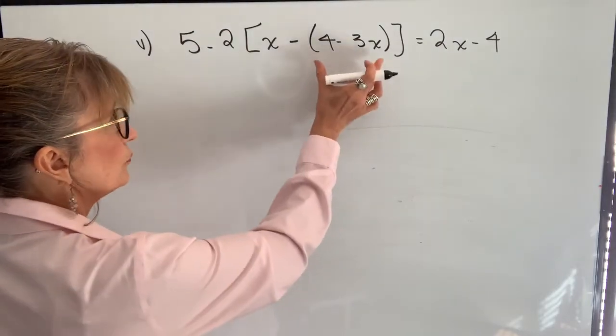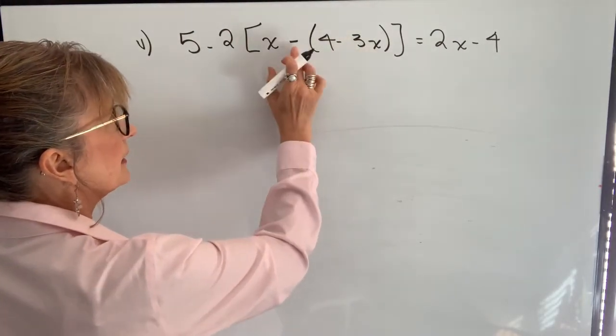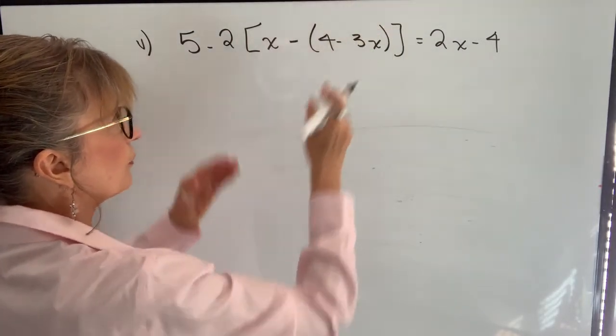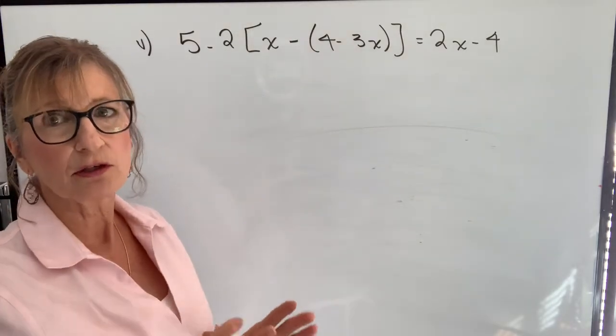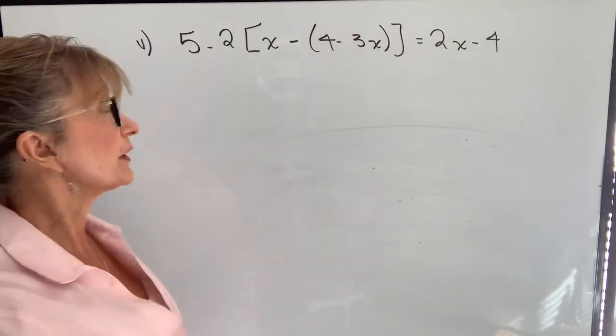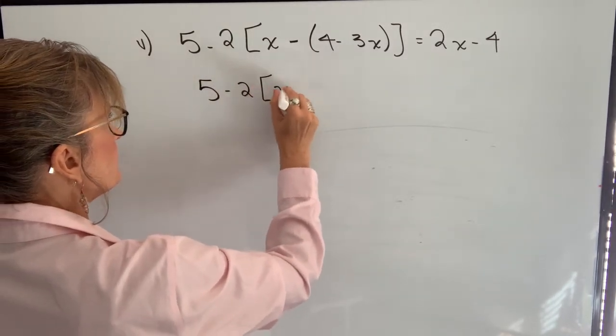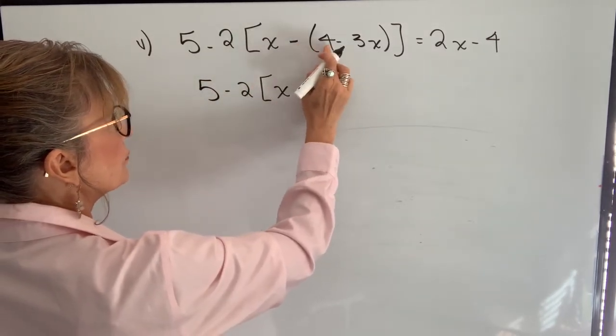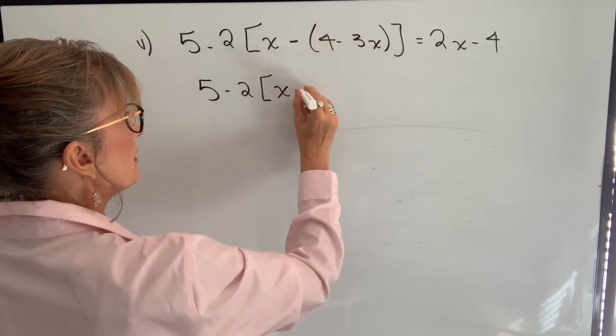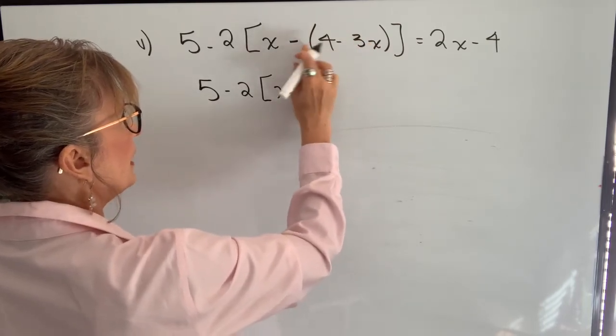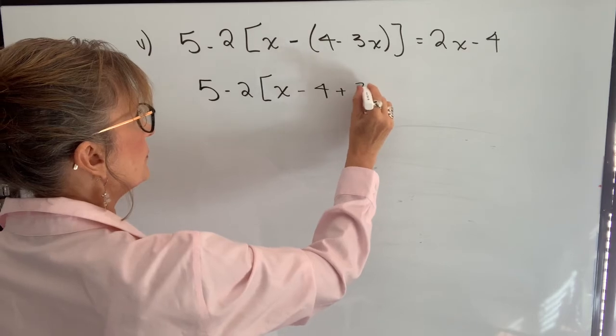So I start with my innermost brackets and deal with that, and then I go to my outermost brackets. Once I eliminate all of those, then we'll take a look at what we're left with. So I'm going to leave this here, and I'm going to distribute that subtraction to each of those terms. So that would be x minus 4 minus minus is plus 3x.